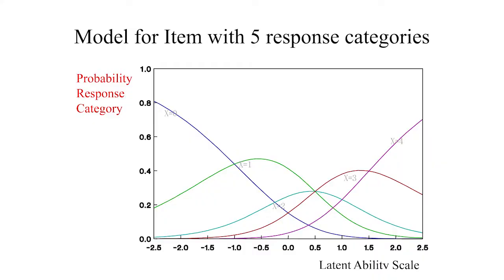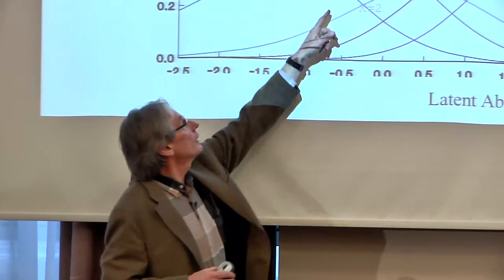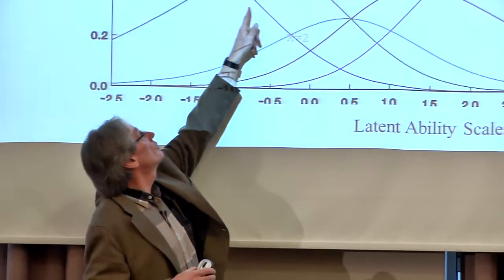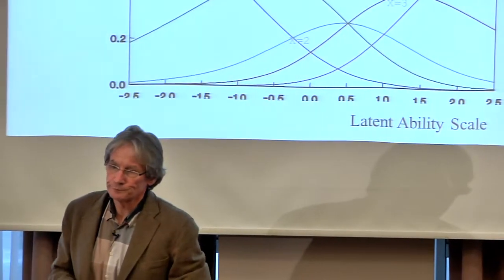Okay, so in this case, we code them 0, 1, 2, 3, 4. And the model, again, is not very sensational as a model, because it says the following. Here we have a latent ability scale, and we have probabilities of observing a certain response, and this curve here is for a response 0.